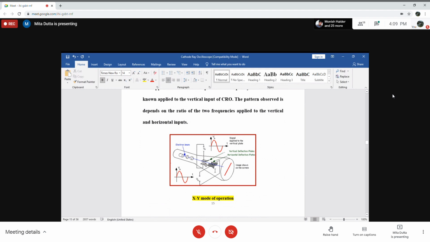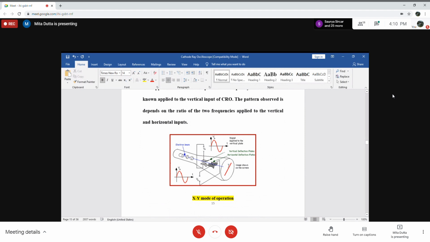This will also be shown on the scope screen, and by seeing the display we are able to find out the phase difference between the two voltages applied to the vertical and horizontal deflecting plates, as well as the different frequencies of the voltages applied to the deflecting plates of the CRO.